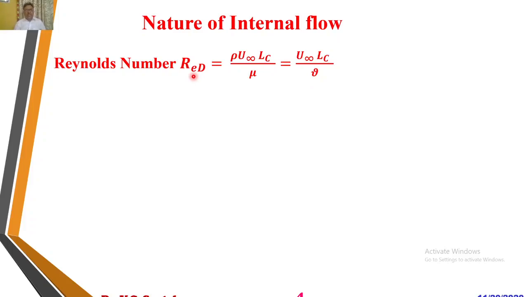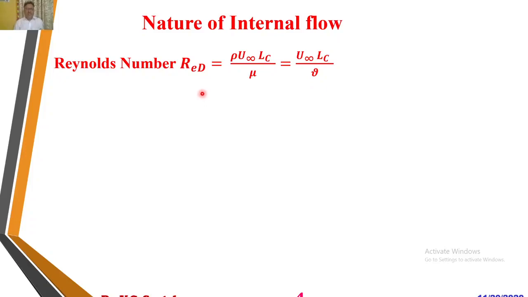We have discussed that in case of external flow, the Reynolds number is represented by Re suffix L, where L represents the linear dimension, because fluid is flowing over a linear dimension in external flow. Similarly, in case of internal flow, the suffix d represents either the internal diameter or internal dimensions.